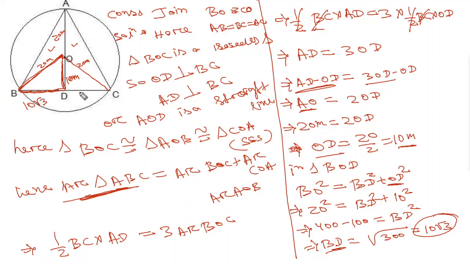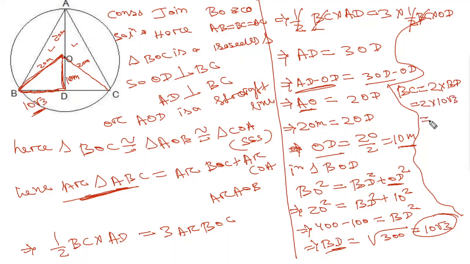We want the length of BC. BC is equal to 2 into BD. BD is 10 root 3, so 2 into 10 root 3 is equal to 20 root 3.